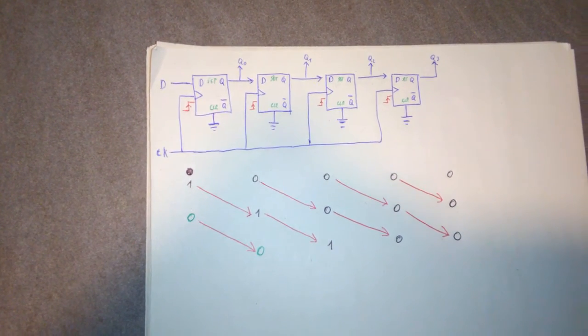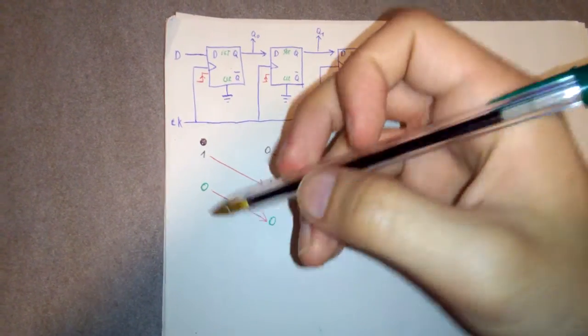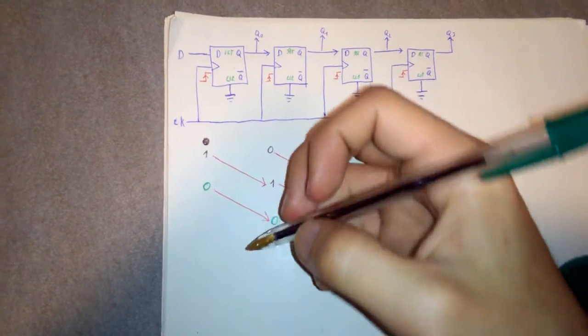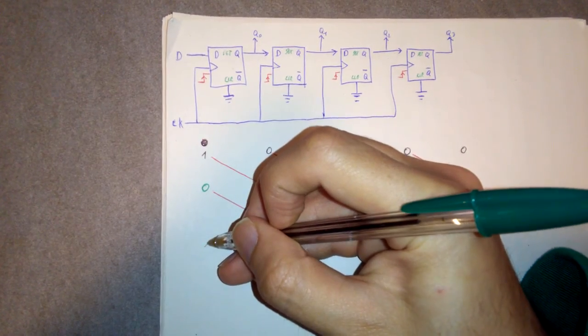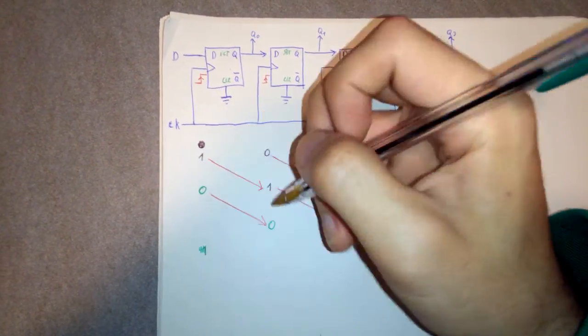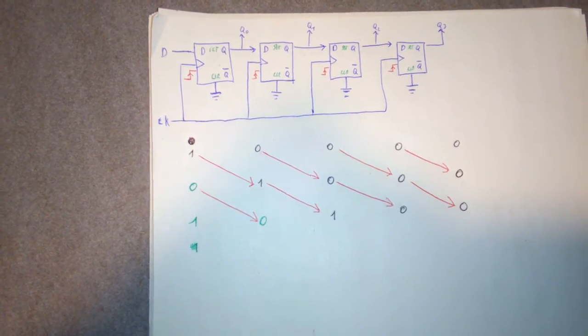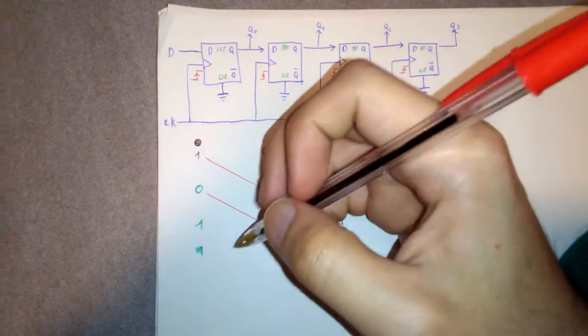So now we are in the next clock cycle again, and we're going to get 1 once again. So if you get a 1 here, then the same thing goes on and on again.